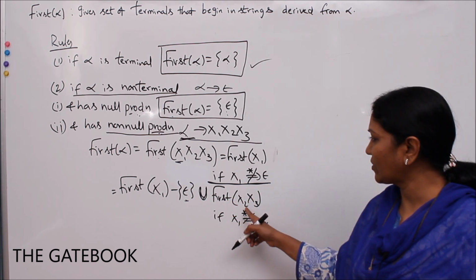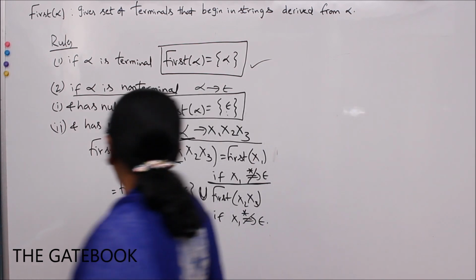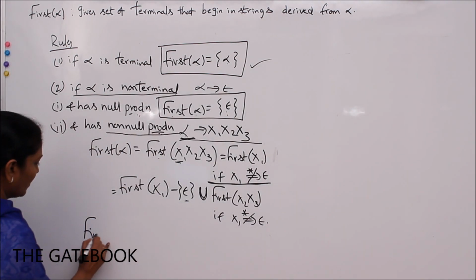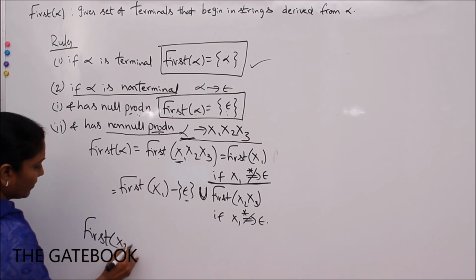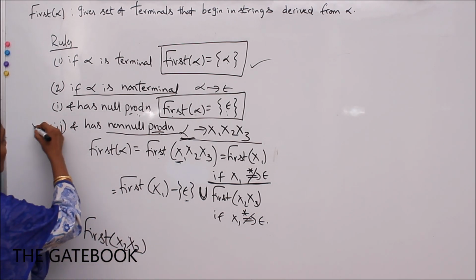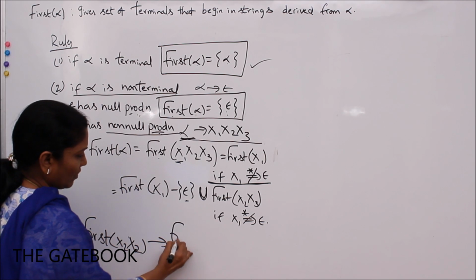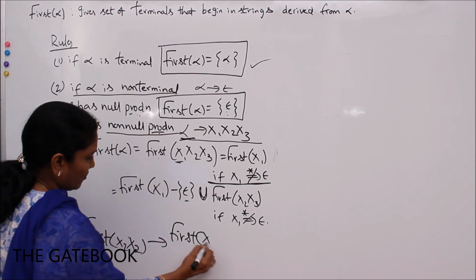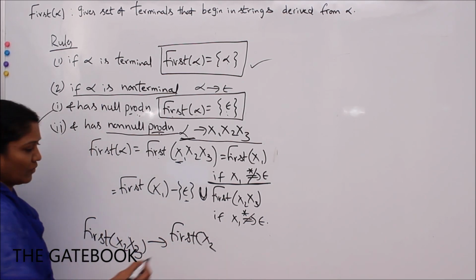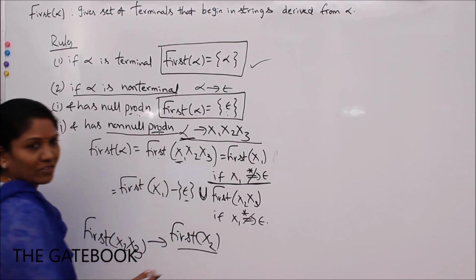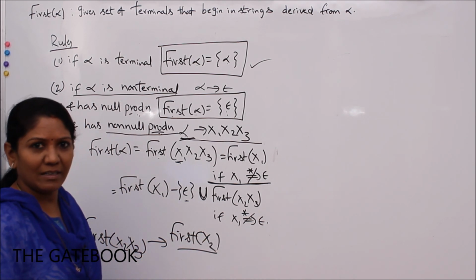For example, how do I evaluate first of x2 x3? As per this rule, it is first of x2. Once again, if first of x2 ends with a set of terminals, it ends there itself.